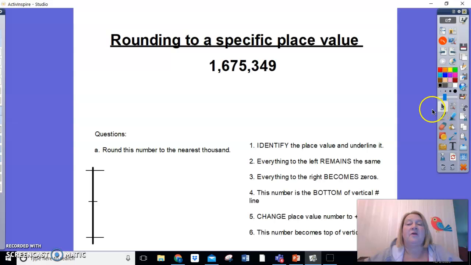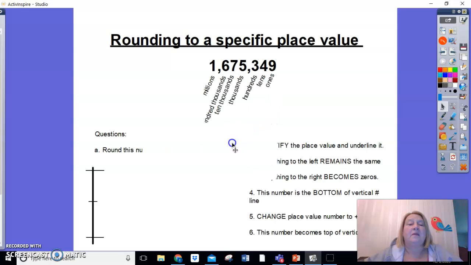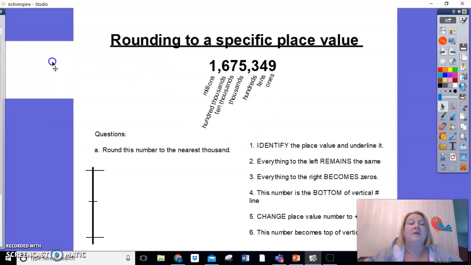Hopefully you've already got that down, but if you don't, you're going to have to remember that we have place values for all our digits. This is the ones, this is the tens, this is the hundreds. Between the hundreds and the thousands, there's a comma. Here's the thousands, the 10,000s, the 100,000s.